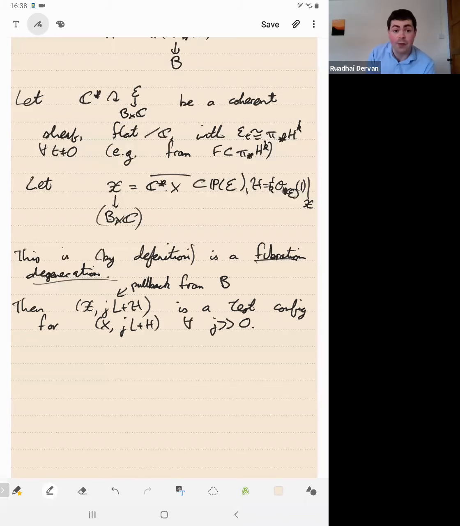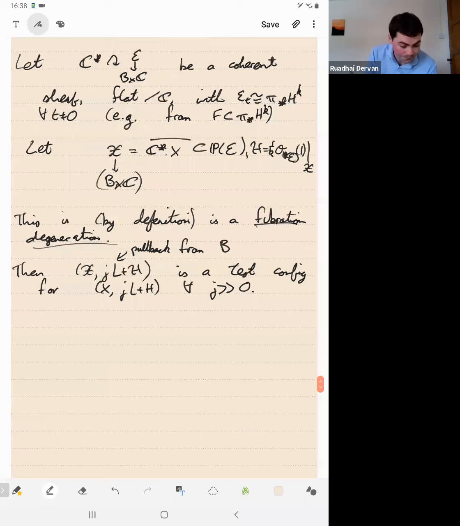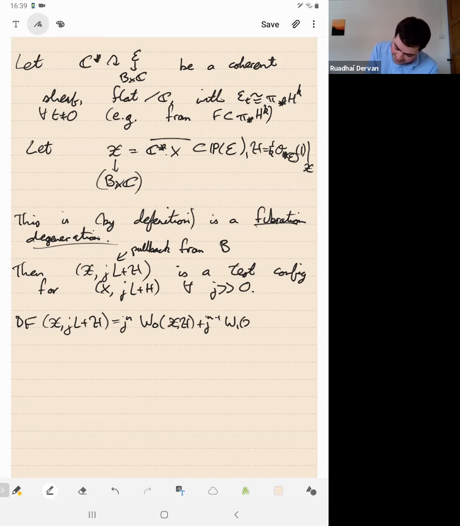All you really need is some ampleness to get a test configuration from this setup. The Donaldson–Futaki invariant, we show, has an expansion in terms of powers of J: it equals J^n W_0(curly X, H) + J^(n-1) W_1(curly X, H) + O(J^(n-2)), where W_0 and W_1 will be the key numerical invariants of interest for our study of fibrations. And I should say here that n is the dimension of B.